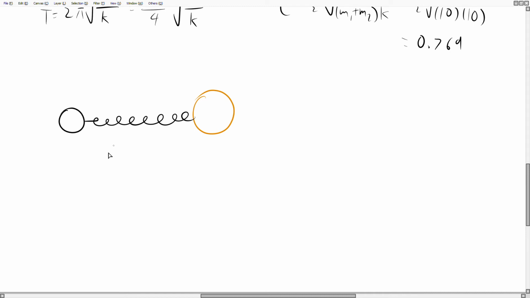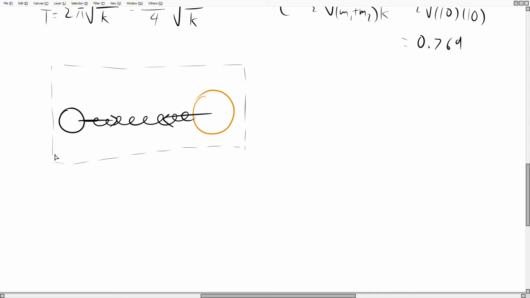Sure, there's a spring force acting this way for the object, but there's an equal and opposite spring force acting the opposite way from the orange ball, and these two forces would cancel. There are no external forces giving this system, enclosed within these dotted lines, an acceleration.